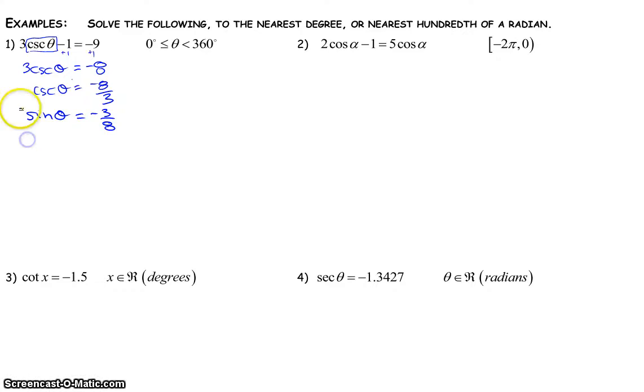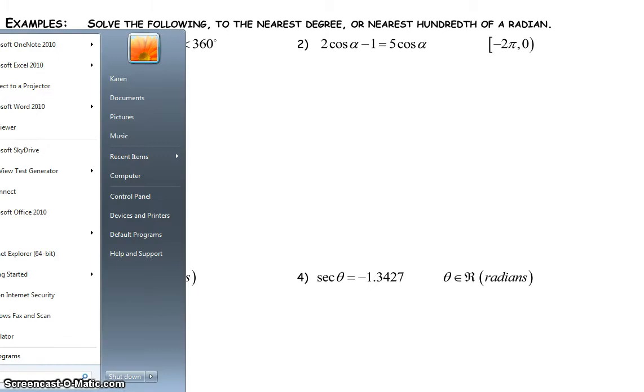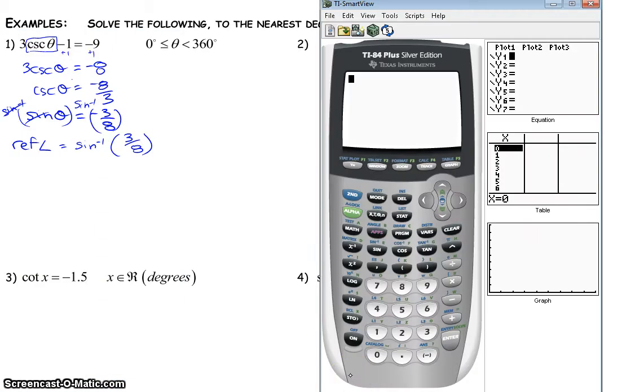So we need to do basically the inverse sine on both sides, and that will get rid of the sine here. Now what we're going to go after though is the reference angle instead of theta by doing the inverse sine of positive 3/8, okay? And then we'll look back and go, hey, we were looking where sine was negative and figure out what quadrants we're in.